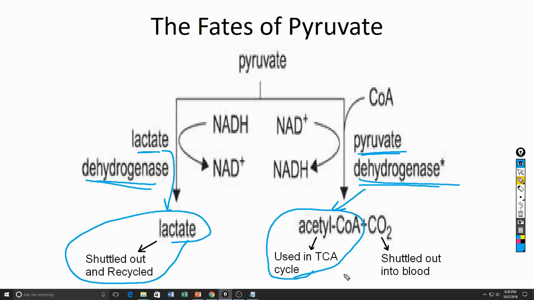It just takes a bit longer to do, but same general area. Acetyl-CoA needs to be processed in the mitochondria, so that's a bit of a different step, and we'll talk about that. And then we're also getting CO2 production, which is relevant to the pulmonary system and the cardiovascular system, and we'll talk about that in a different unit.